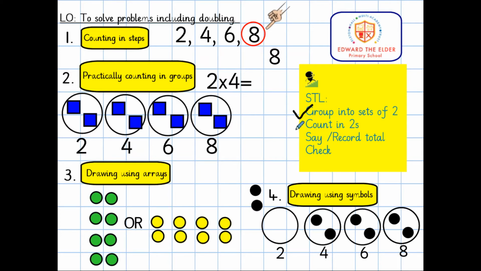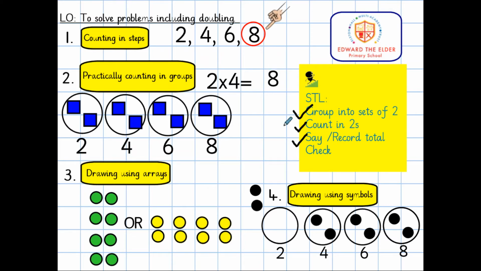Step 2, count in twos. 2, 4, 6, 8. Step 3, say and record your total. 2 times 4 equals 8.